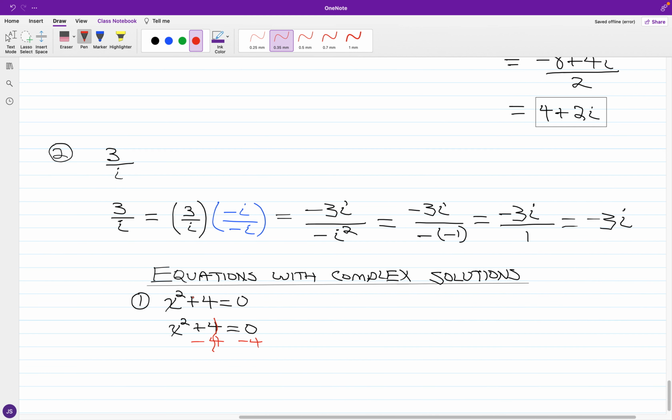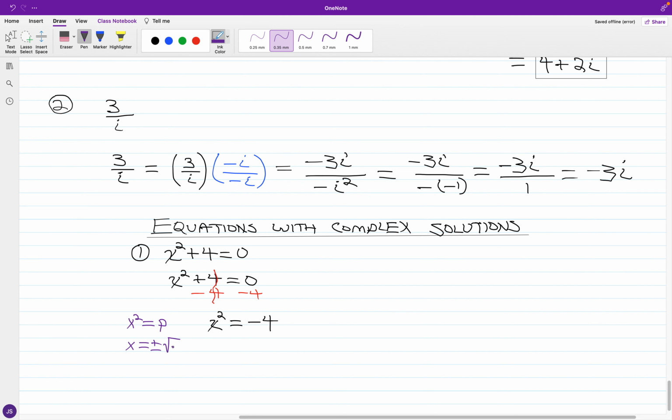And if you notice, revisiting the square root property of equality, when we had x squared is equal to p, we have x equal to plus or minus the square root of p. On the same parallel, you have p represented by -4, at least in the complex domain.